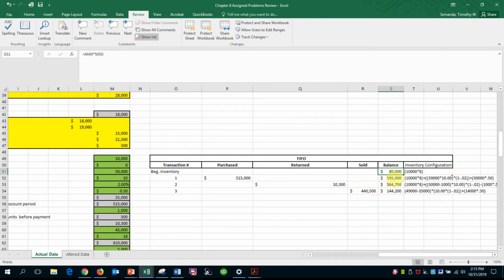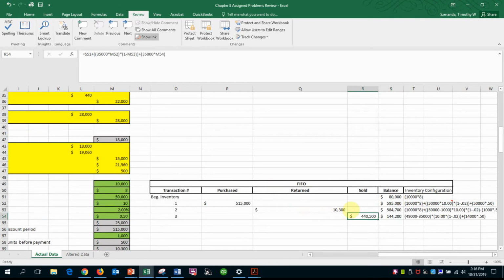Then we have to go to the next oldest cost, and we need 35,000 units more. 45,000 minus the 10 we already captured. So in the case of the 80,000, there's no discount given, so we don't need to do anything there in this particular case. But under the subsequent purchase of $515,000 worth, the portion, the 35,000 units, a portion of that 515 we're currently costing is going to have the discount netted from it.